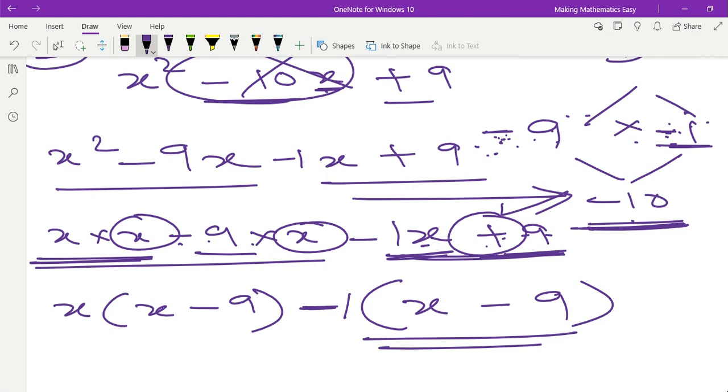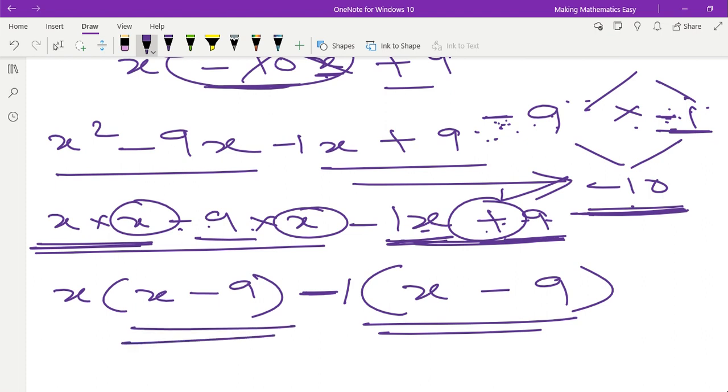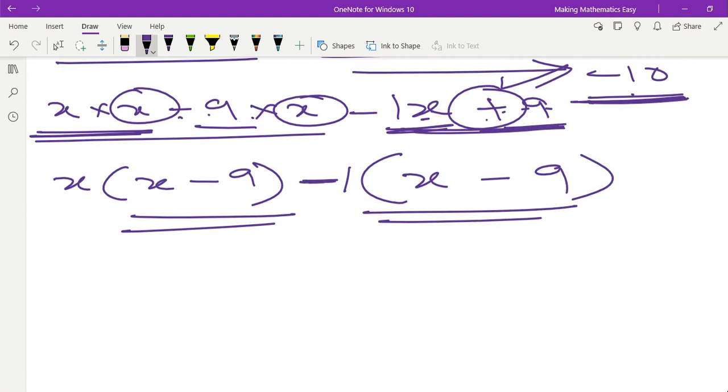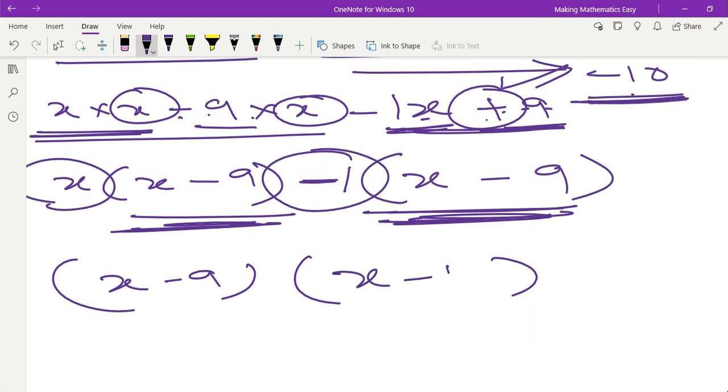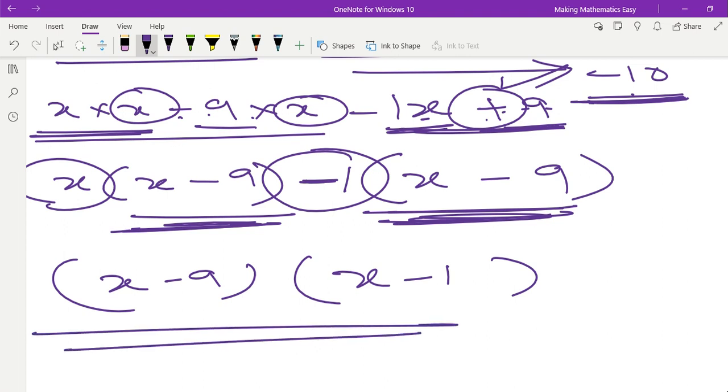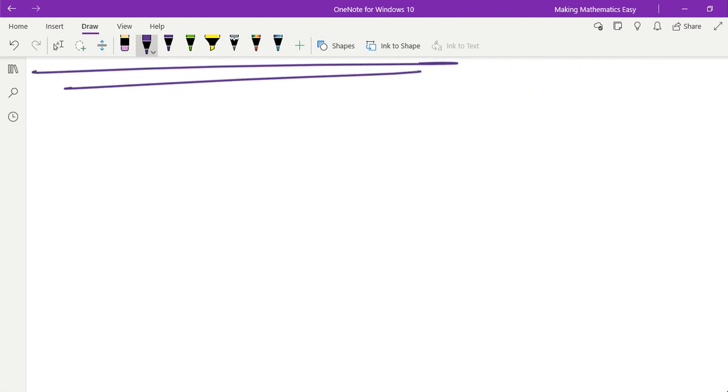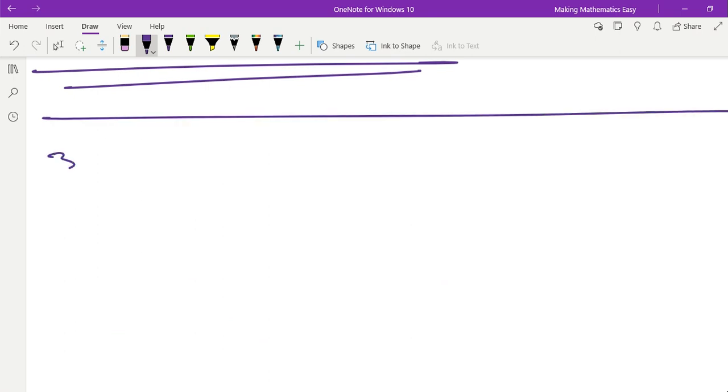So this plus 9 will become minus 9. Now you see both of your brackets are the same. That means your sum is correct. So both of these common brackets will be in a single bracket, and the terms which are outside the bracket will go into another bracket. So this is your solution to the equation. Okay, let us move on to the third sum.